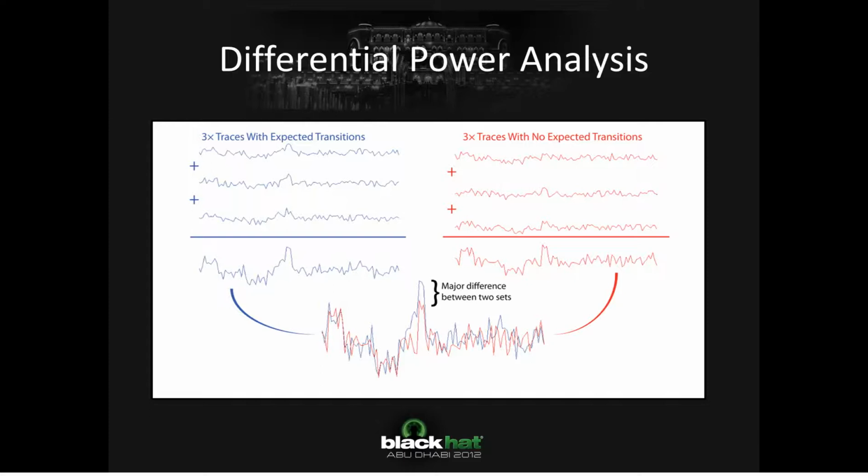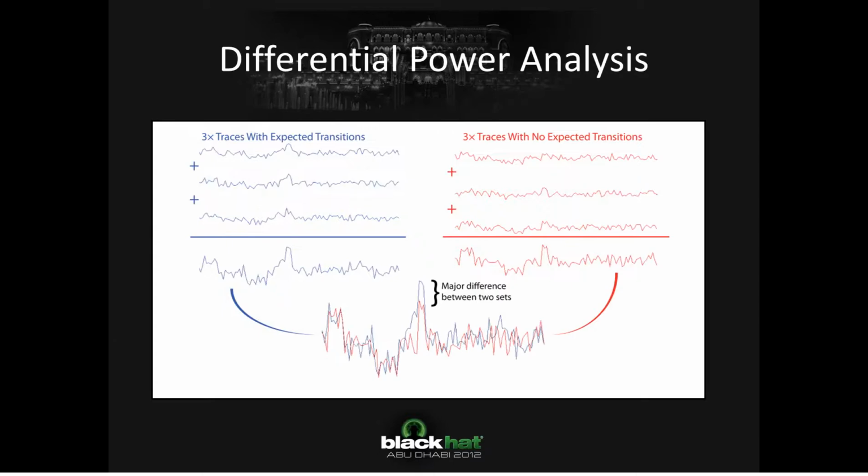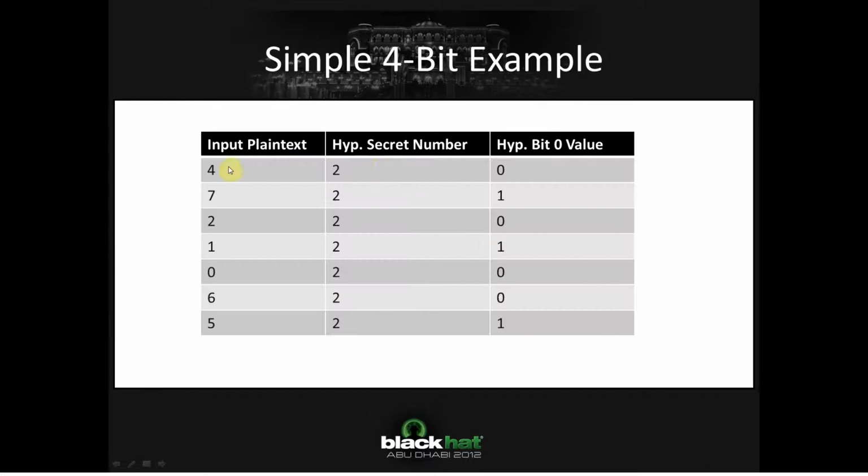So then, all I have to do is I measure the power, inputting data, and I have this group of traces. I then guess for each of, in this case, 16 possible hypothetical values. I do this division. So I take the same traces, and I divide them different ways, based on if the hypothetical value is 0, and I input 4, this is 0.